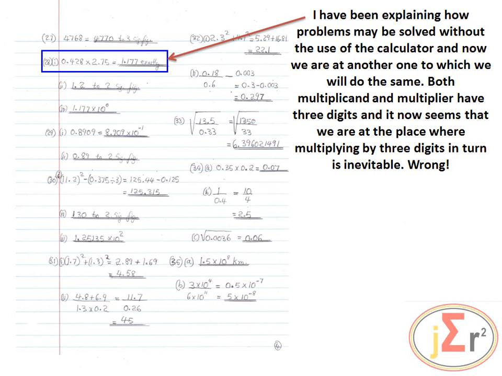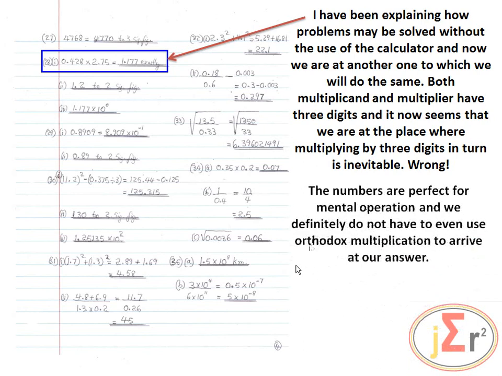We may find that the traditional route may be on a particular day not so easy to take. Therefore, it may be on that special occasion better to take the alternative route, and that is what we are about to do. The numbers are perfect for mental operation, and we definitely do not have to use orthodox multiplication to arrive at our answer.